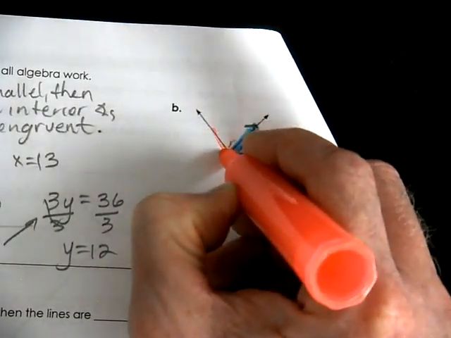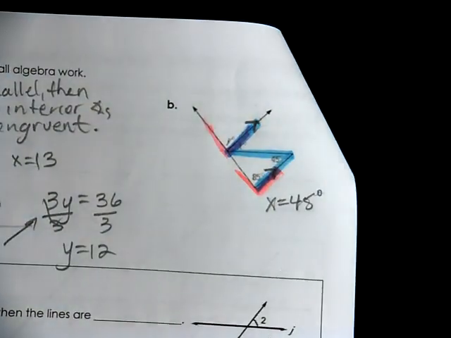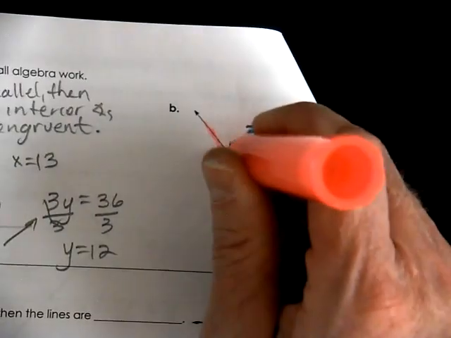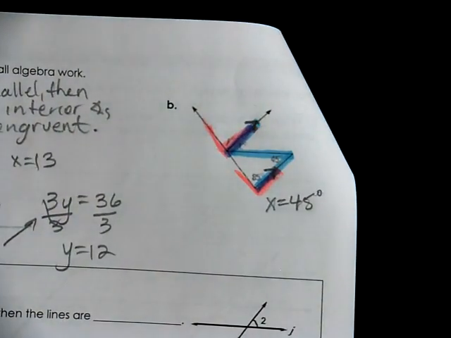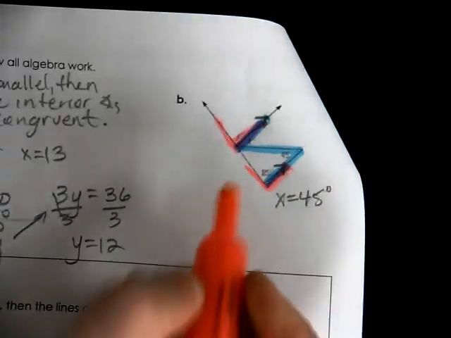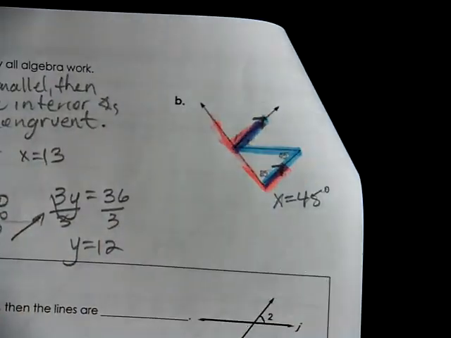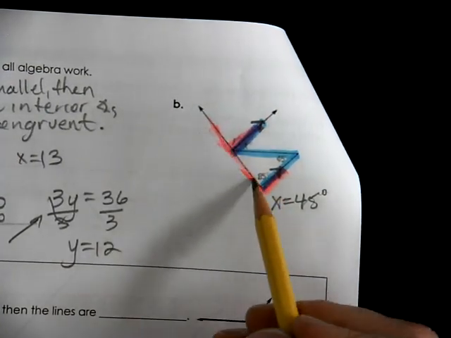The 85 and the Y. Get some more pink in there for us. Those are making an F shape. So we know that those are called corresponding angles.